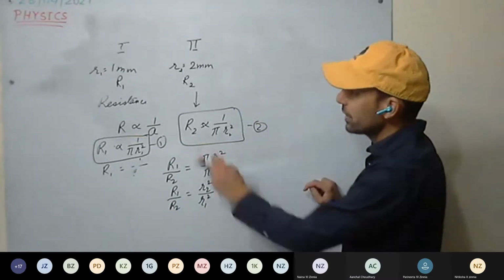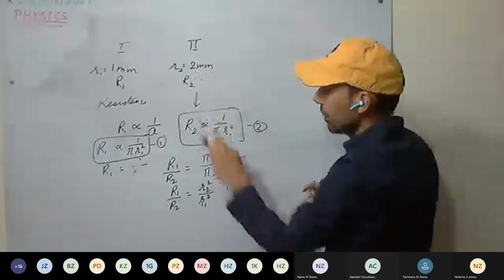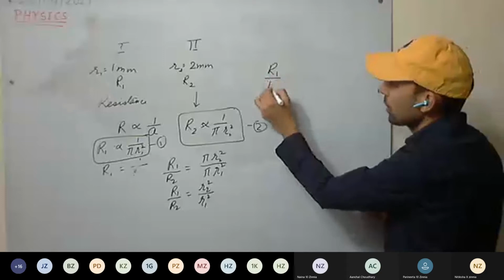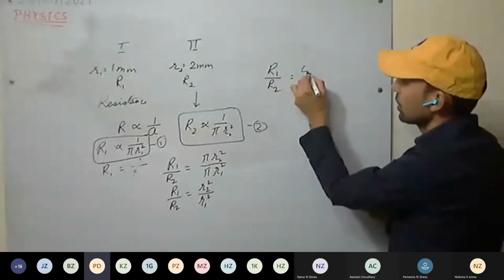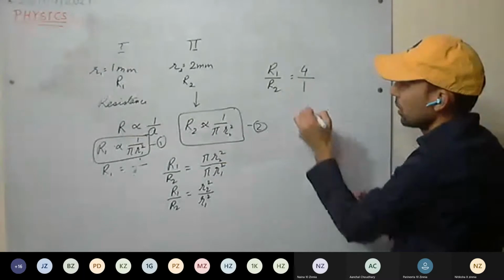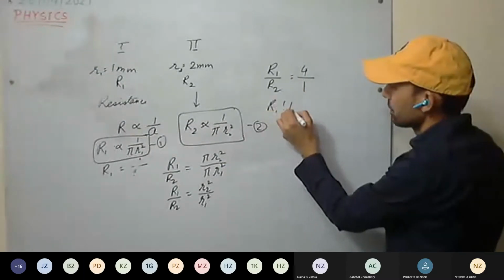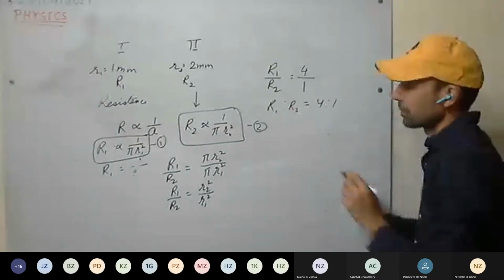Since it's a ratio of radius, we have to make the units the same, but there is no need of converting the unit. So R1 upon R2 is R2 square upon R1 square, which will be 4 upon 1. So what is the ratio of R1 to R2? 4:1.